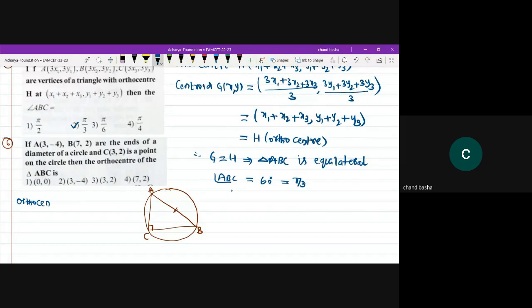Orthocenter is the vertex where it forms the right angle, that is C. C coordinates will be 3, 2. We got the answer. And circumcenter is the midpoint of the hypotenuse, the midpoint of AC. That is the concept I'm using for solving this question.